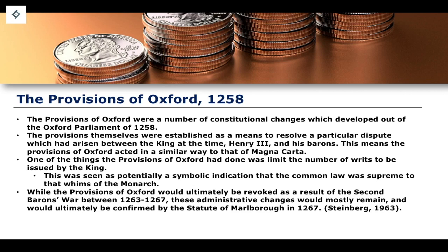So at the end of the Second Barons' War, you get a revocation of the Provisions of Oxford, but then you get the administrative changes that were already implemented being solidified by the Statute of Marlborough in 1267, the result of which is ultimately that the issuance of writs became another example of a rigid system of law.